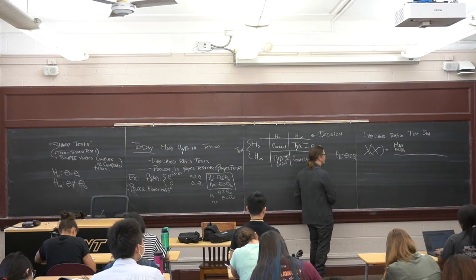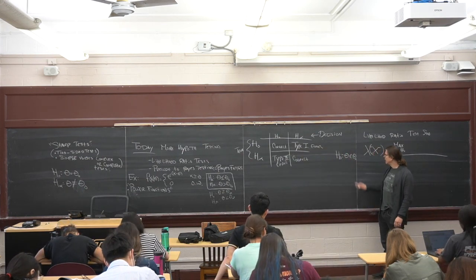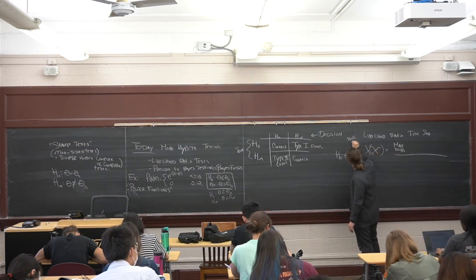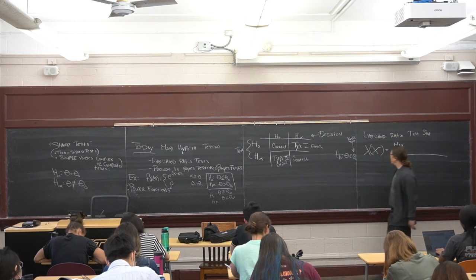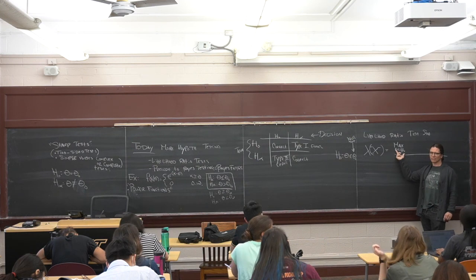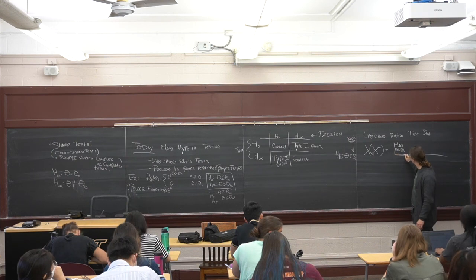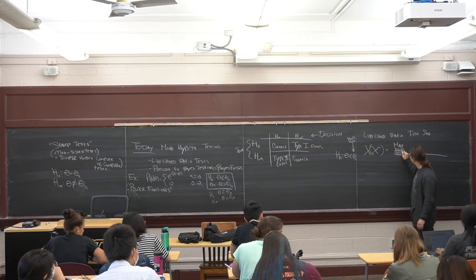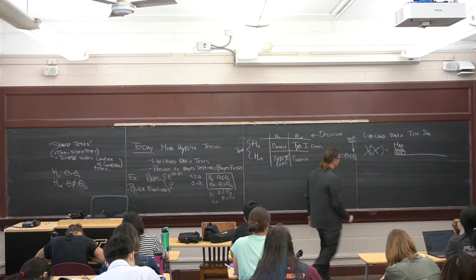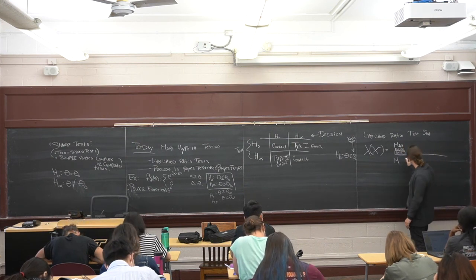I'm imagining some model, f of x given theta. I've collected data from that model, and this is going to be some range of values, and I'll call this the null set. When I'm maximizing over this range of values, I'll oftentimes write max theta belongs to the null set. Sometimes I'll change this notation and just write theta as an element of H naught, and I mean the exact same thing. If I change my notation, it's just because that's how I'm thinking about it in that particular moment.